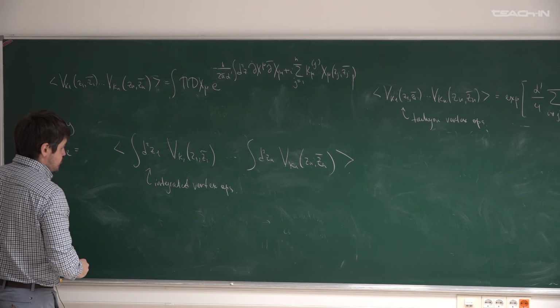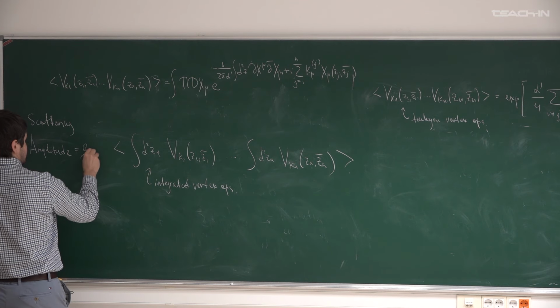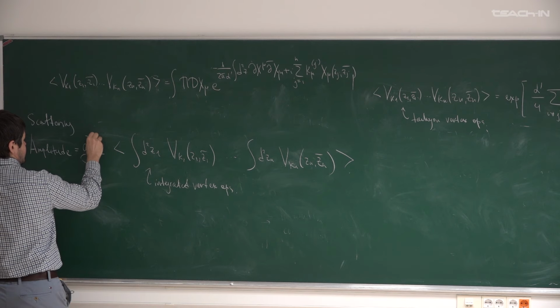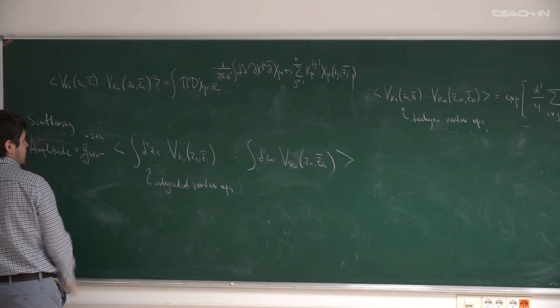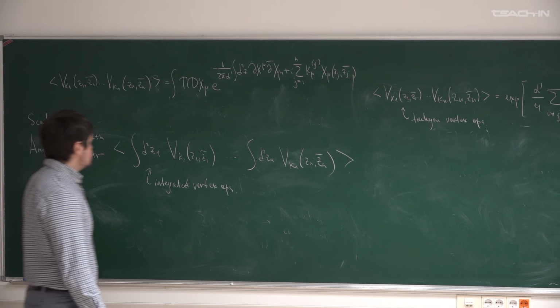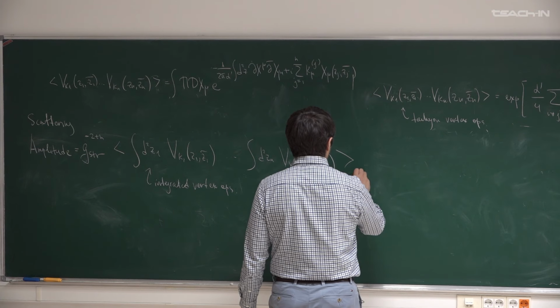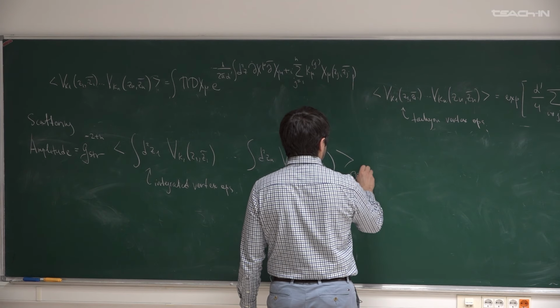So we have here the string coupling to the power -2 plus n, which is the number of vertices that you have for n ends. So everything is here on a sphere, CP1.